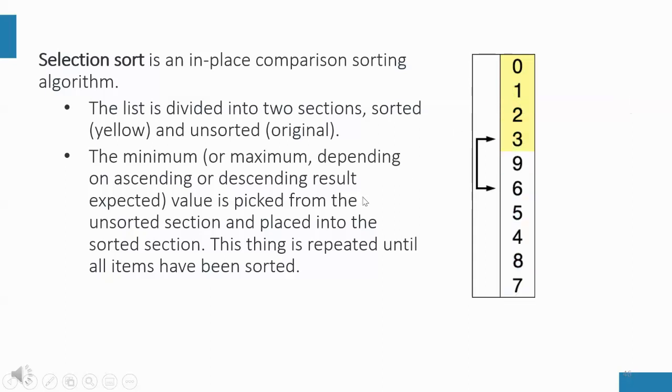The minimum value or the maximum value, depending on whether a descending or ascending result is expected, is picked from the unsorted section and placed into the sorted section. This is repeated until all items have been sorted.